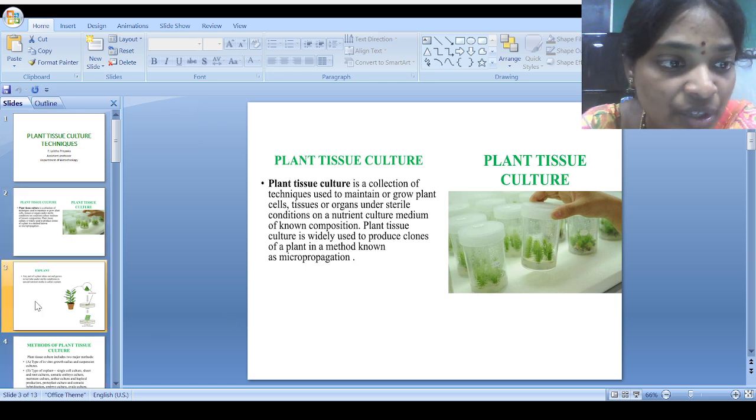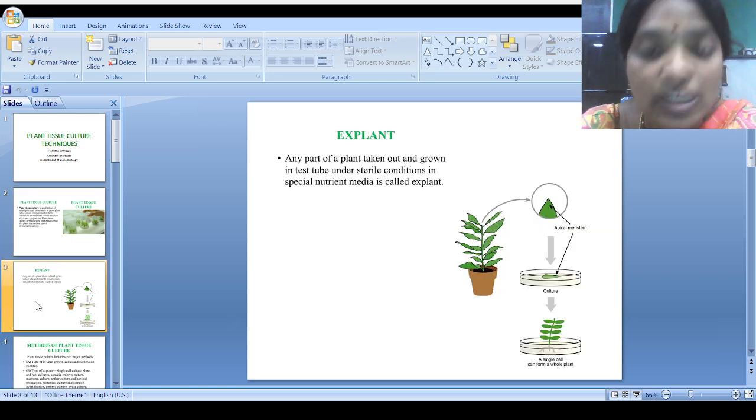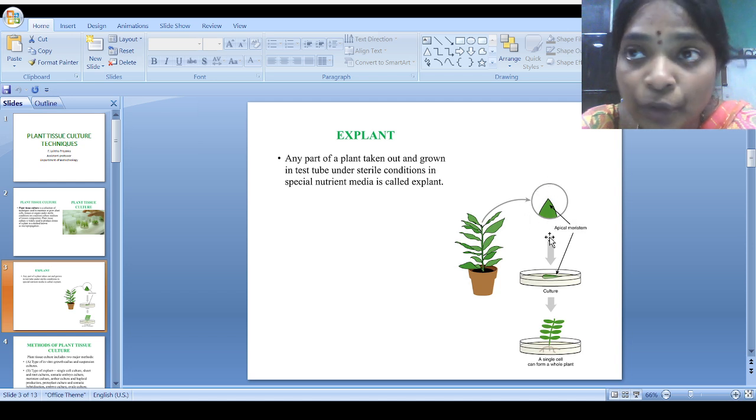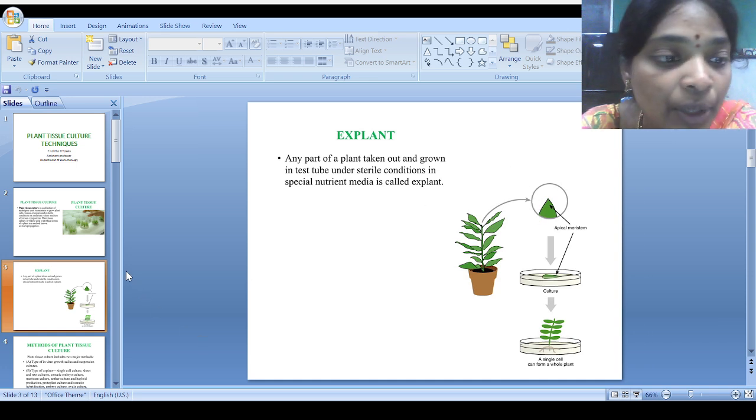We generally take the explants. Why? Because the explant acts as your part of inoculation. We dissect the explant from the plant, sterilize it, and finally place it on the nutrient medium and allow the plant to grow.